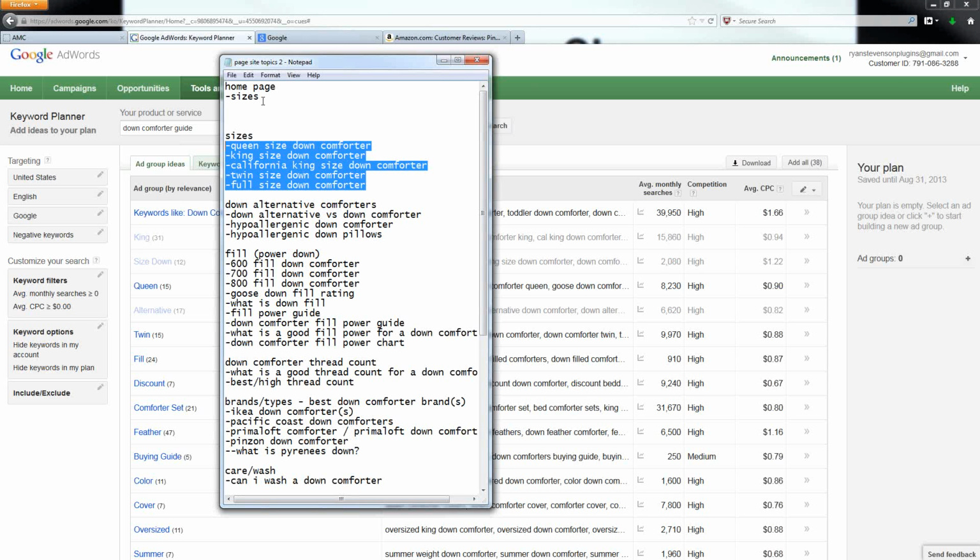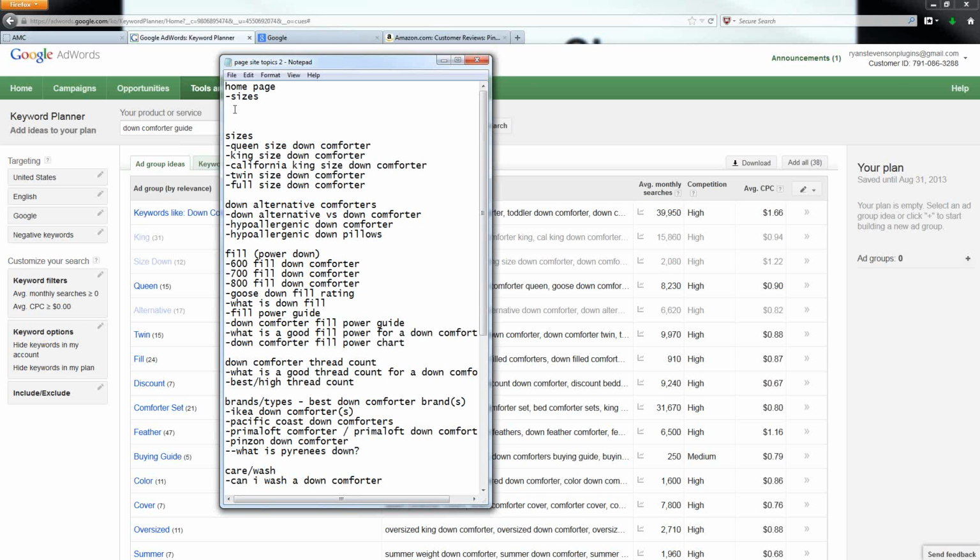And I feel like it's going to be a more useful way to approach this subject in terms of my primary keyword phrase, a down comforter guide. So I don't really want to get too hung up and have 6 of the pages of my potential 20-page website that are all just simply talking about the sizes, because I feel like there are a lot of other useful page topics and selling points that I could also be talking about here.